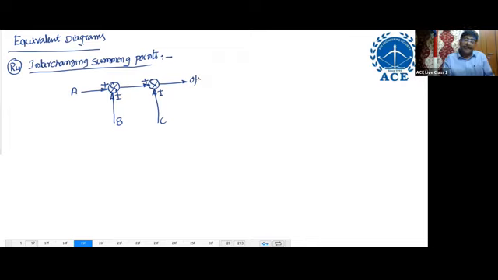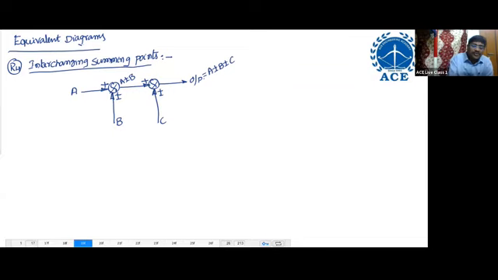What is the output? Anybody? A plus or minus B, then again plus or minus C. That means the output is A plus or minus B plus or minus C.